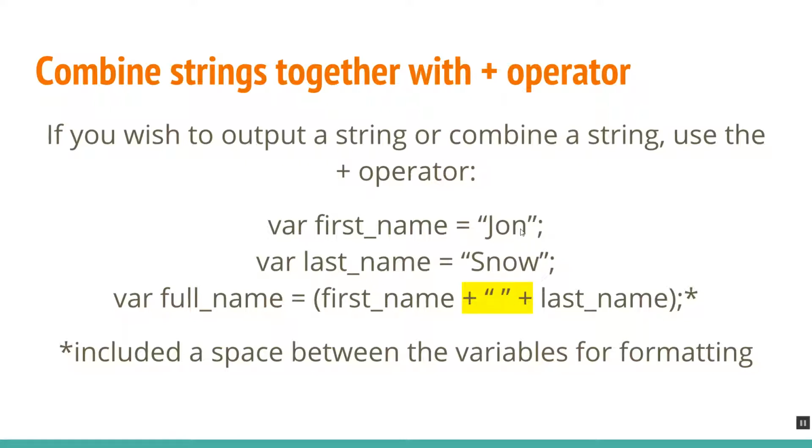Also note, because Jon doesn't have a space after it where I saved it, if I just combined first name plus last name, I would get JonSnow with no space in between. So I'm doing a concatenation with a single space, and then I'm concatenating again with the last name variable. Okay, so that is how you would output that. Just keep in mind that things aren't automatically going to have space between them. You'll have to tell the system to do that.